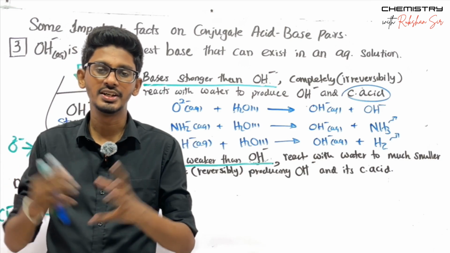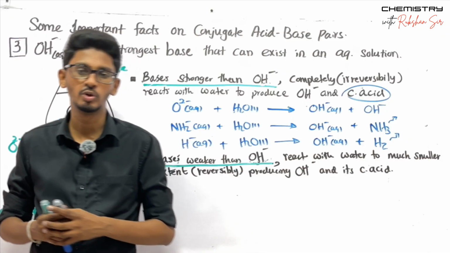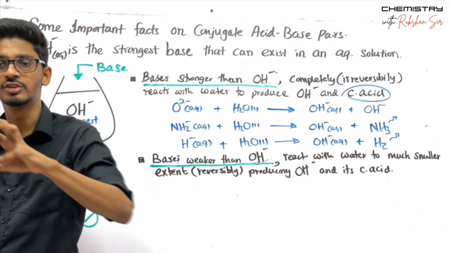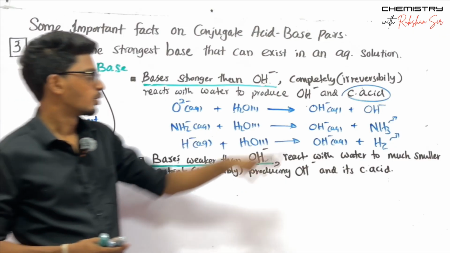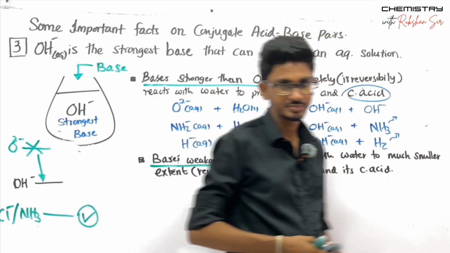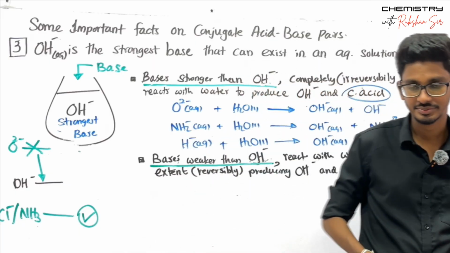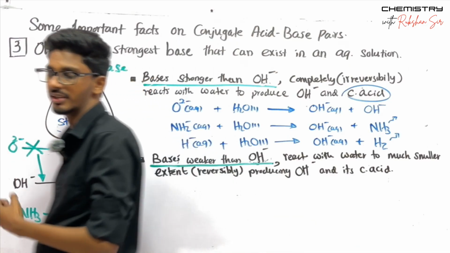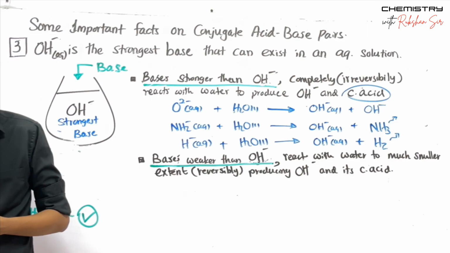That O2 minus will be totally consumed to produce the OH minus and its conjugate acid. That is because O2 minus is a stronger base than the OH minus.